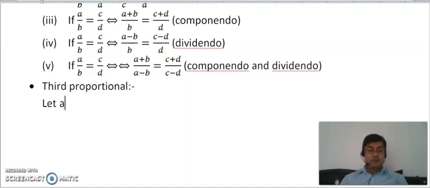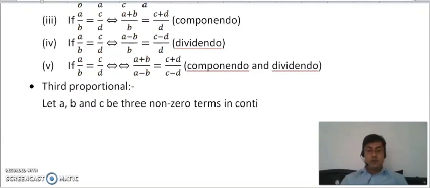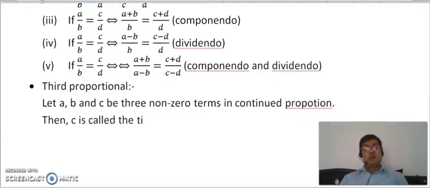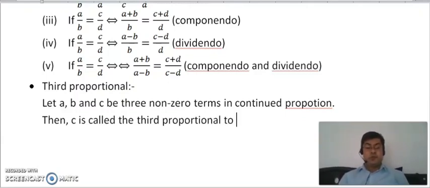Let A, B and C be three non-zero terms in continued proportion, then C is called the third proportional to A and B. Yes or no?